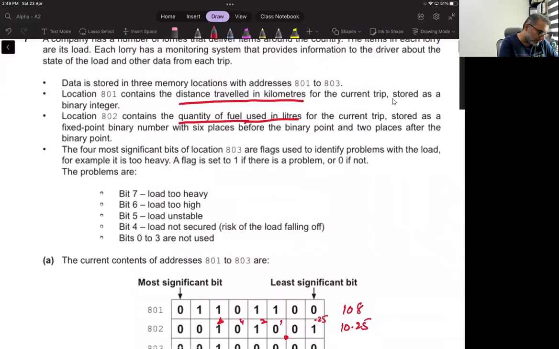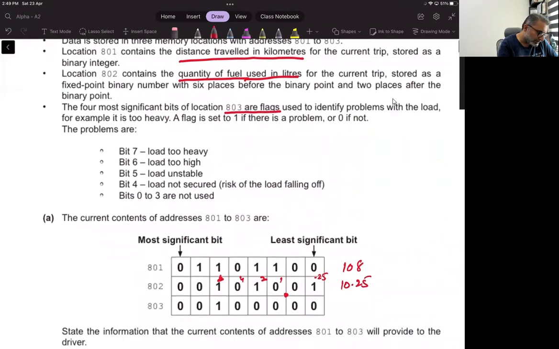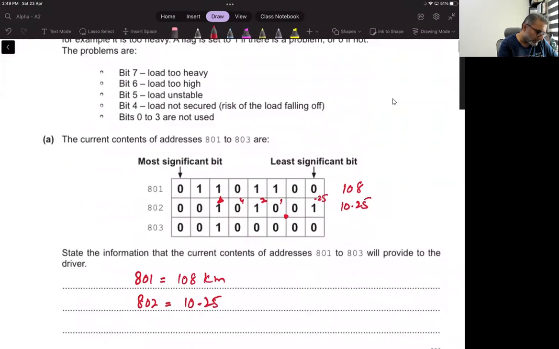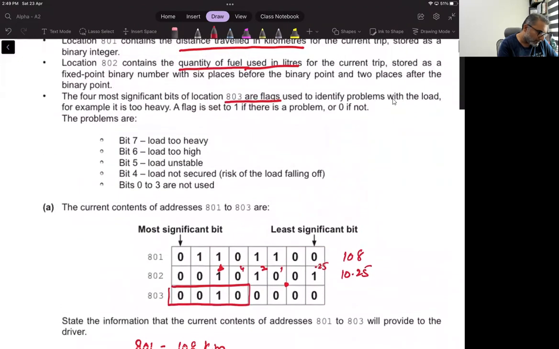803 is flags used to identify a problem with the load. The 4 most significant bits of 803 are flags used to identify a problem with the load. For example, if it is too heavy, a flag is set to 1 if there is a problem.